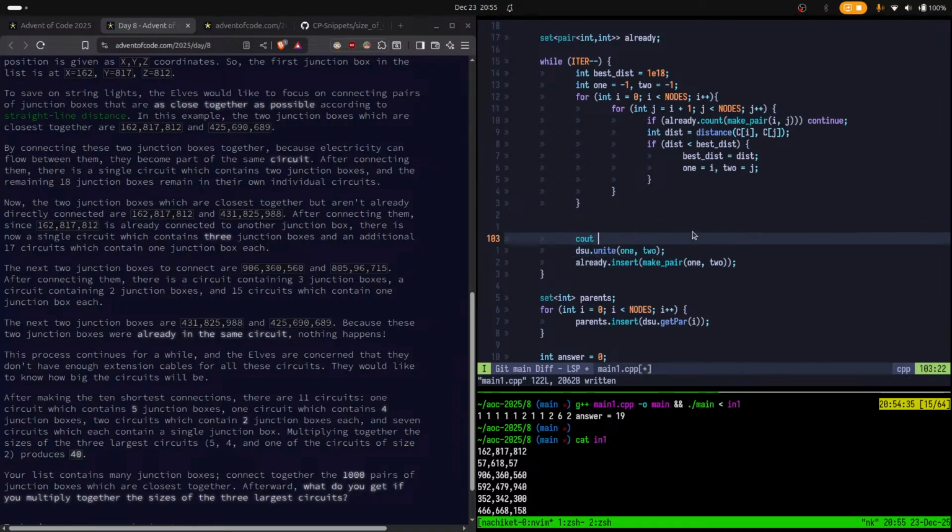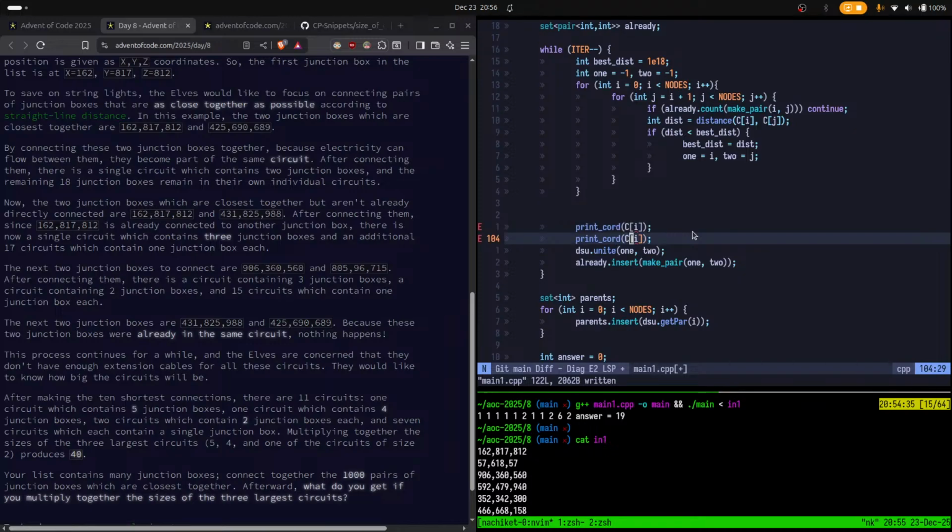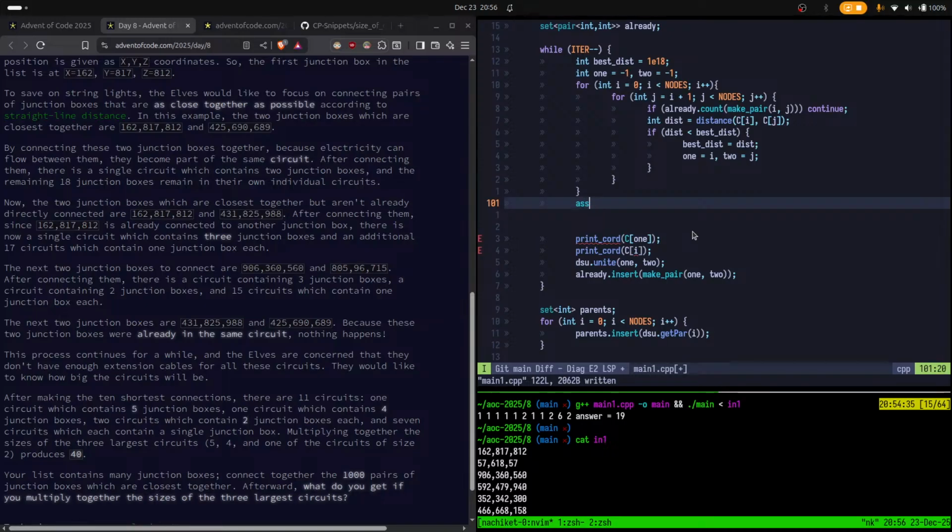Let's print the code. I also need a version here for population.